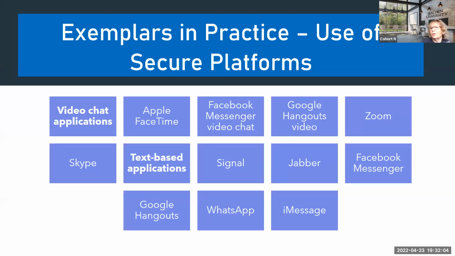And these are the secure platforms that are HIPAA compliant. Video chat: Apple FaceTime, Facebook Messenger, Google Hangouts, Zoom, and Skype.